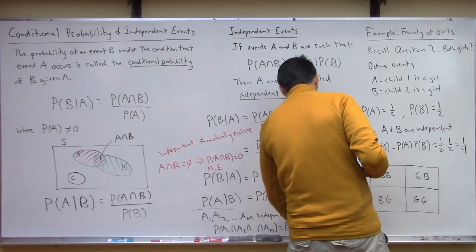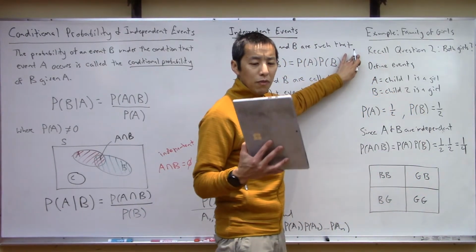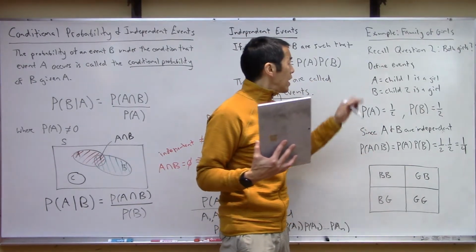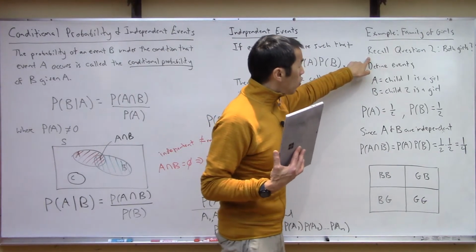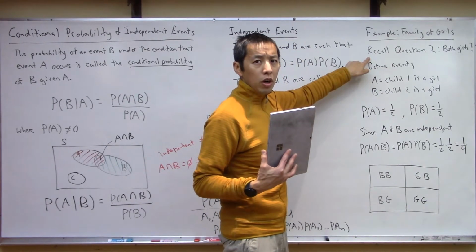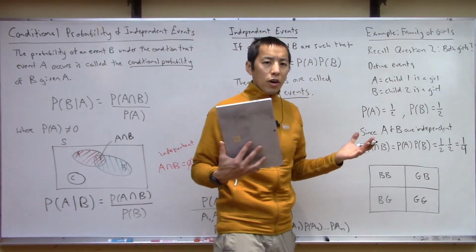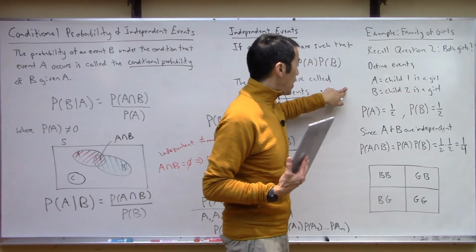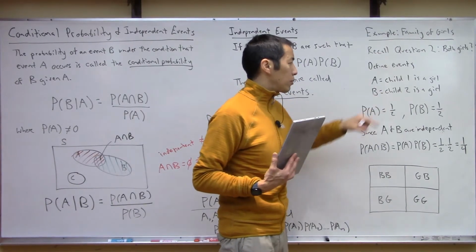So let's take a quick look at an example of independent events. In fact, we can revisit the example we were talking about earlier, where we had the family of girls. Let's recall question number 2. Question 2 was, what's the probability that both children are girls, child 1 and child 2? We can do this using our independent event concept by defining two events. Event A is that child number 1 is a girl, and event B is that child number 2 is a girl.